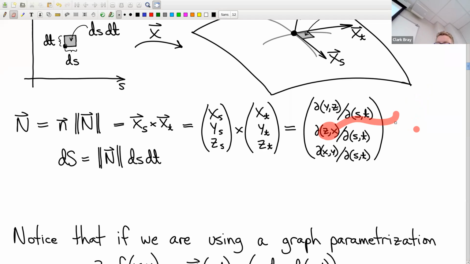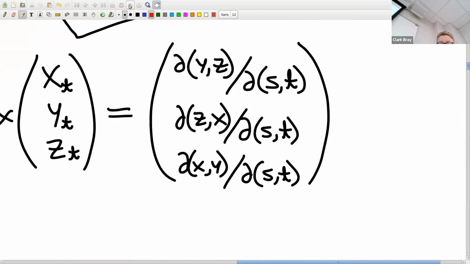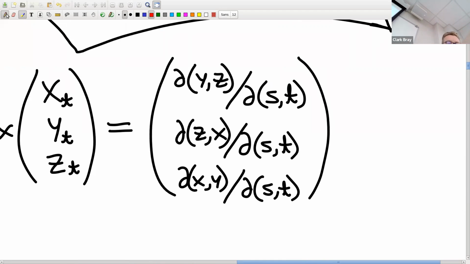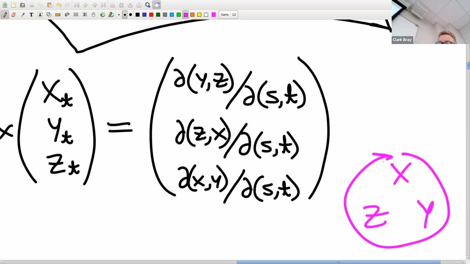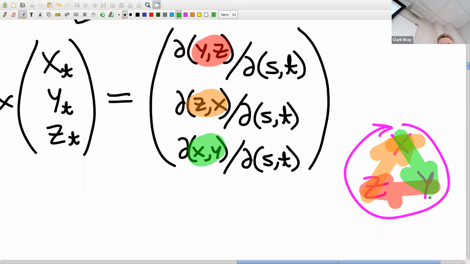I will notice that this is actually kind of a better pattern, really. You're going in order around: Y and Z, Z and X, and then X and Y. So it's like you're going clockwise around that little circle.